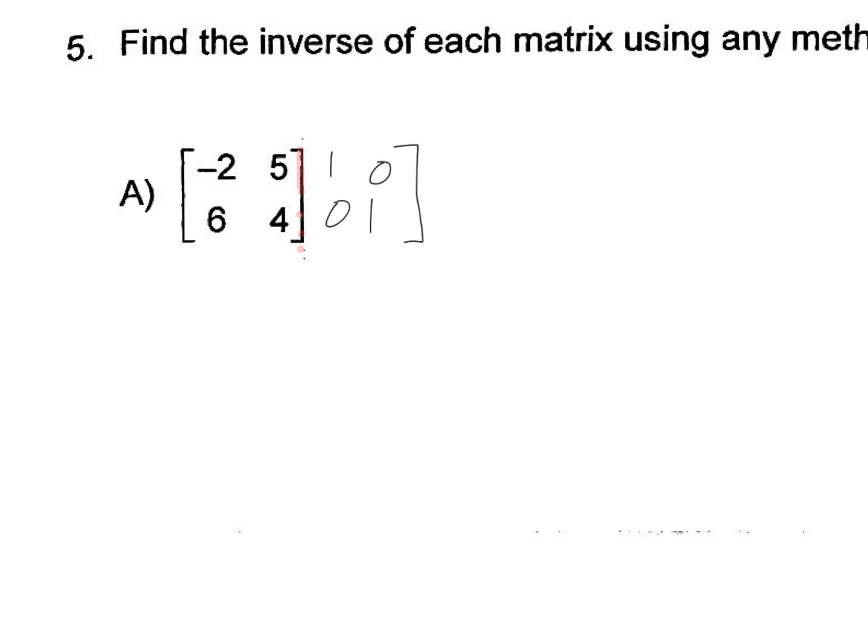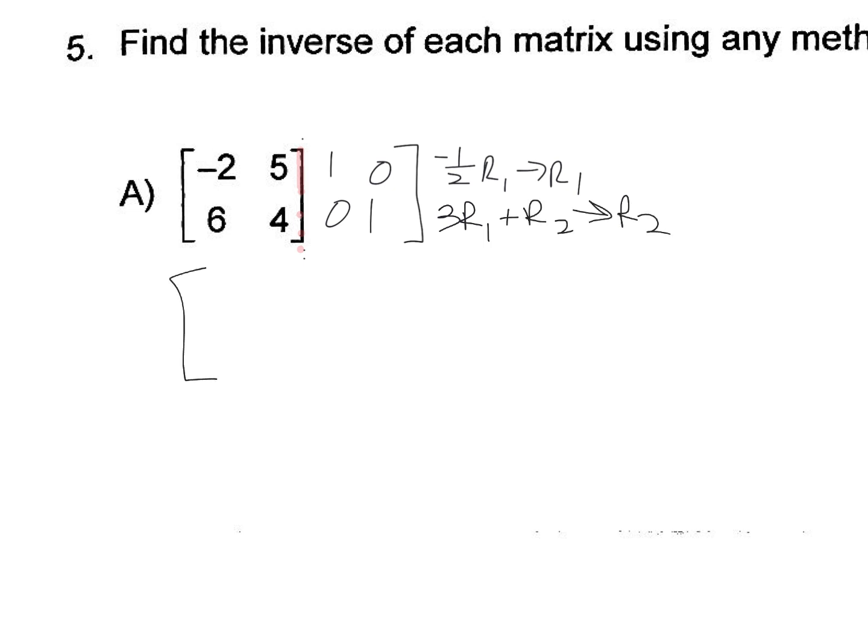Okay, so we need to make this our identity. So first I'm going to multiply this by negative 1/2 R1 to give us a new R1. And I'm also going to use what I have here to make that a 0. So that would be 3 times R1 plus R2 to give us a new R2.